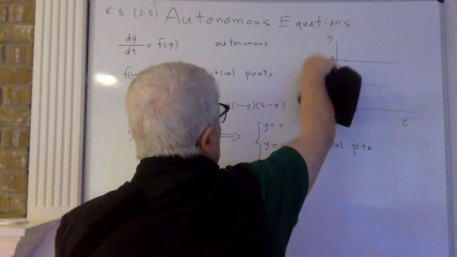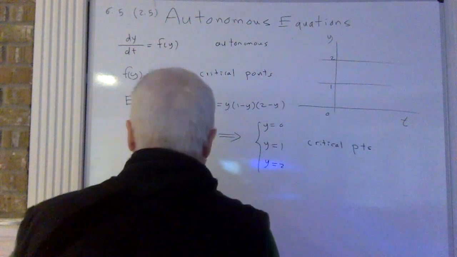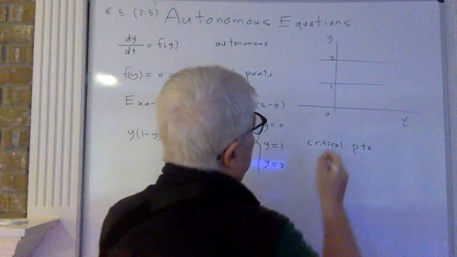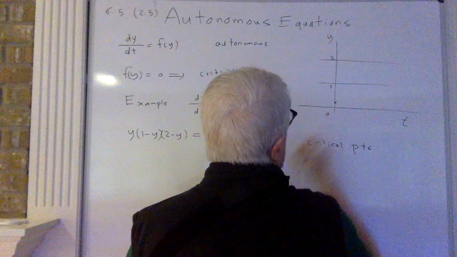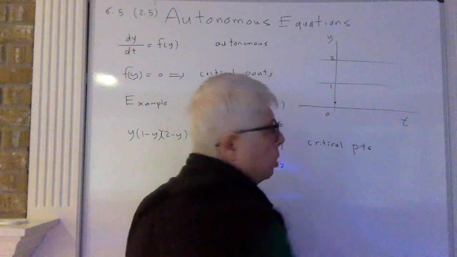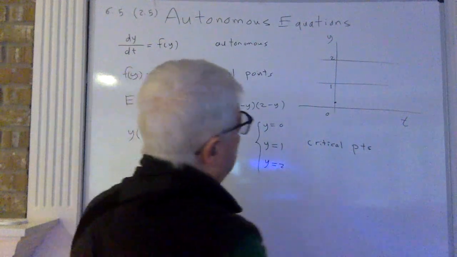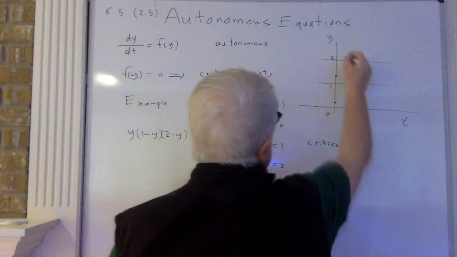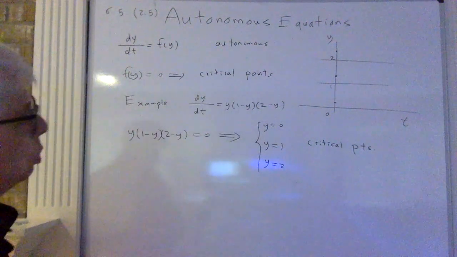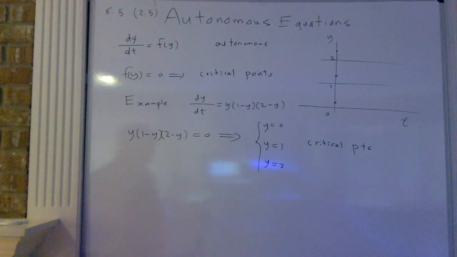So we want to study what happens if y0 is here, or here, or here. We have to discuss the solutions for different values of y0.